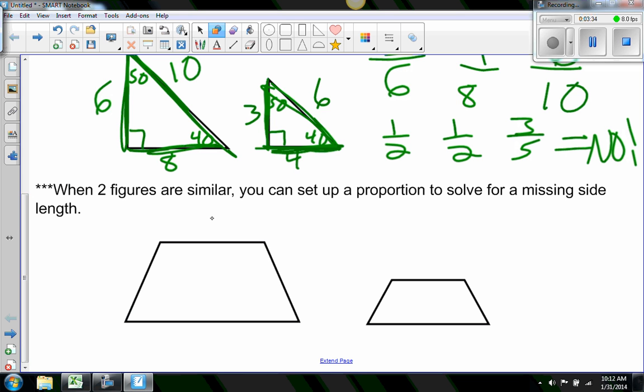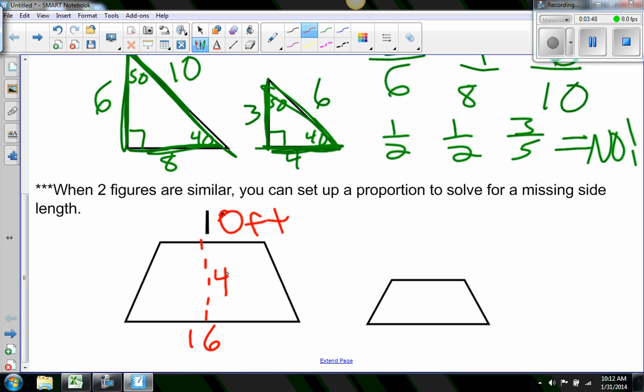I'm going to say that the bigger one is 10, and we're going to use feet, and 16, and the height is 4, which I don't really need to do this. It's going to be extra information. So x is 12.